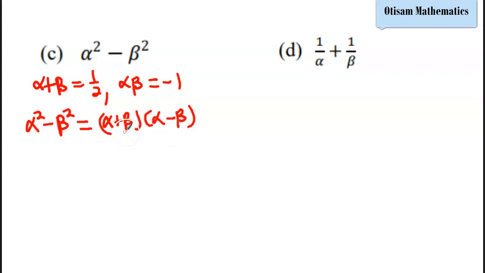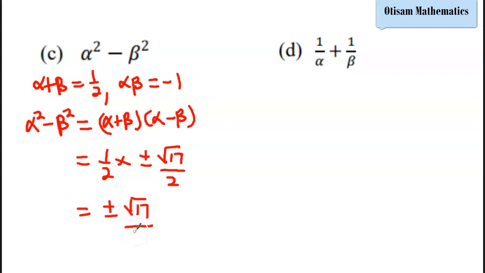We know this one, alpha plus beta, so we just substitute them. So 1 on 2 times, from our previous question, alpha minus beta was plus or minus square root of 17 on 2. So we have plus or minus root 17 over 4.